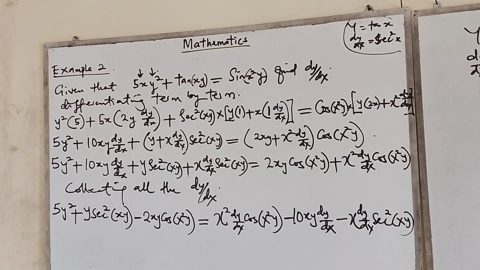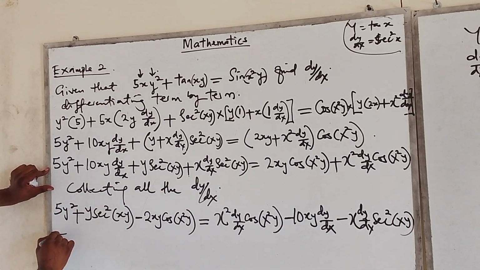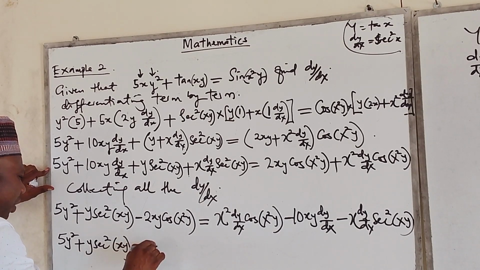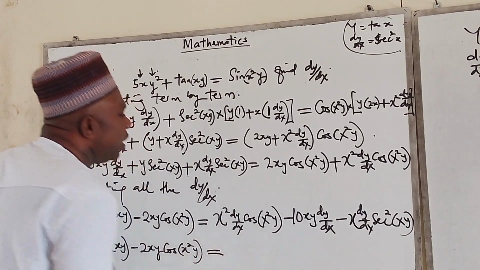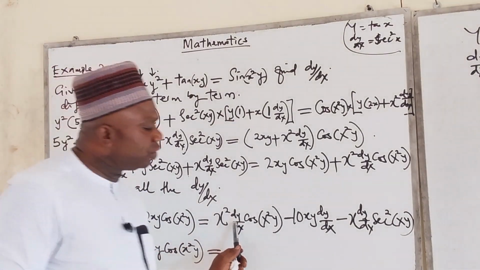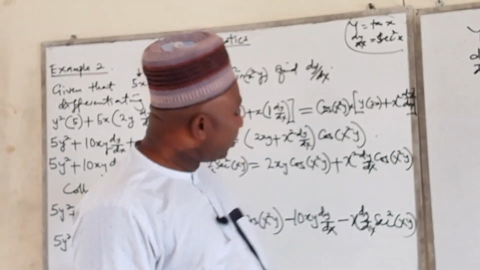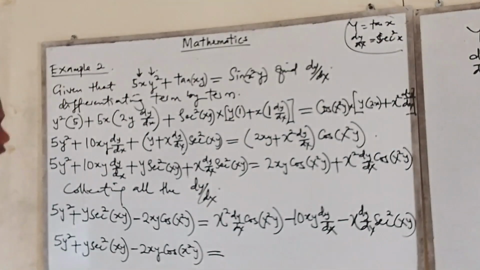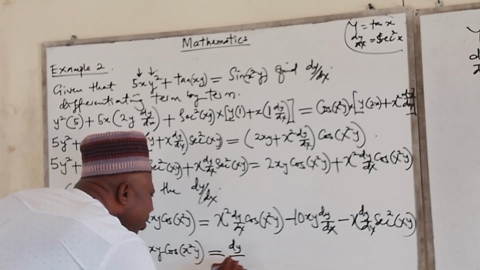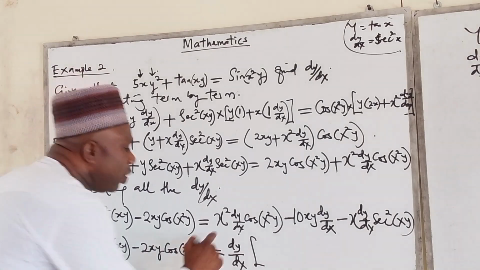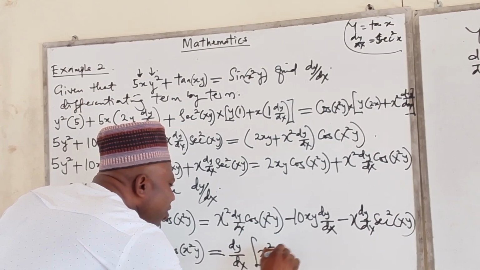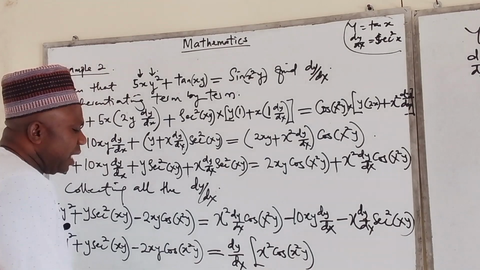Okay, now in this case, what we have is 5y squared plus y sec squared xy minus 2xy cos x squared y, equal to, because dy/dx is common in the whole of this function, I want to factor out dy/dx.